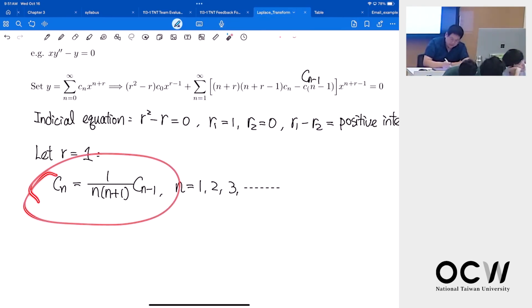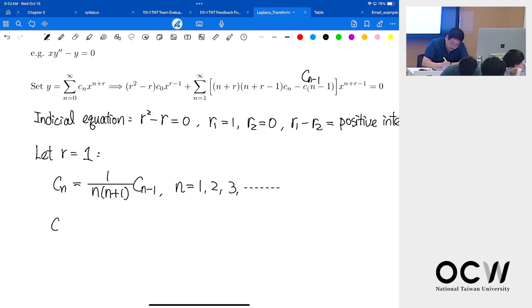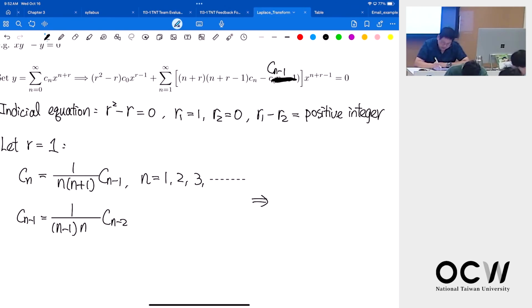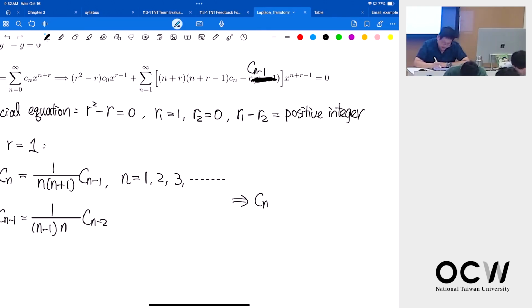This relationship means that what is the Cn minus 1? n becomes n minus 1. So here we have 1, n becomes n minus 1, so here n minus 1, and n plus 1 becomes n. And this will be Cn minus 2. So in that case, actually Cn will be 1 divided by n factorial times (n plus 1) factorial C naught.